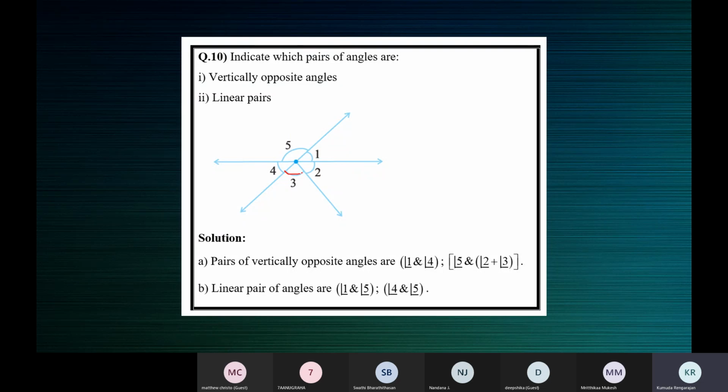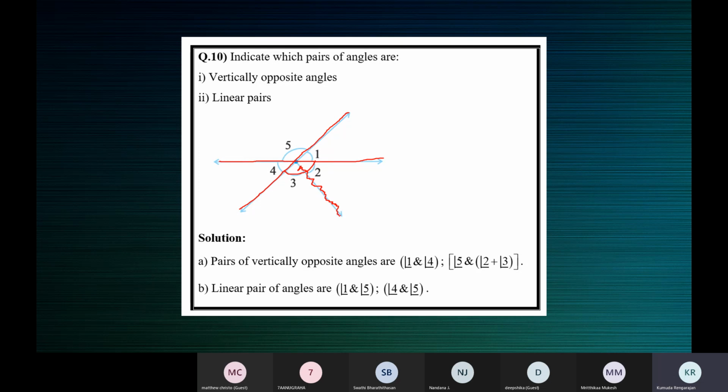2 plus 3 is one angle. Like, see here, when you take this line and this line, these two lines, okay? When you take these two lines, ignore this line. Just think it's not there.